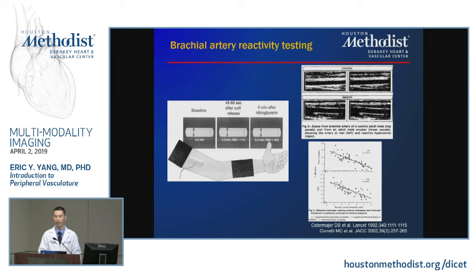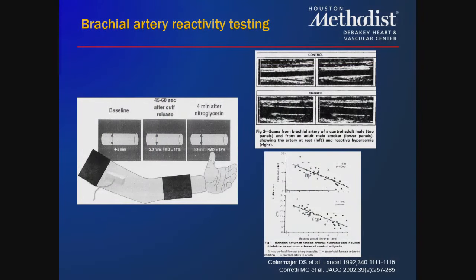And last but not least, on the more research-related front, there is something known as brachial artery reactivity testing, or BART for short. What this does is try to monitor the response of the brachial artery to vasodilate after a vaso-occlusion with a blood pressure cuff.